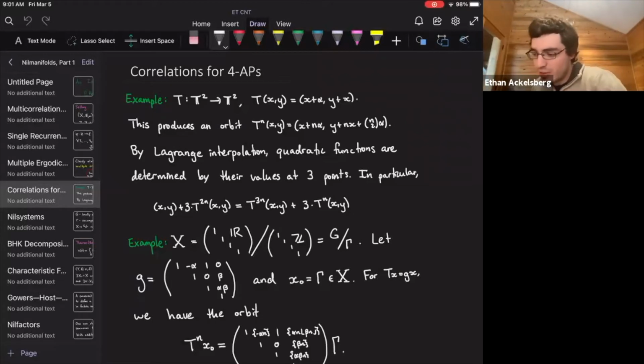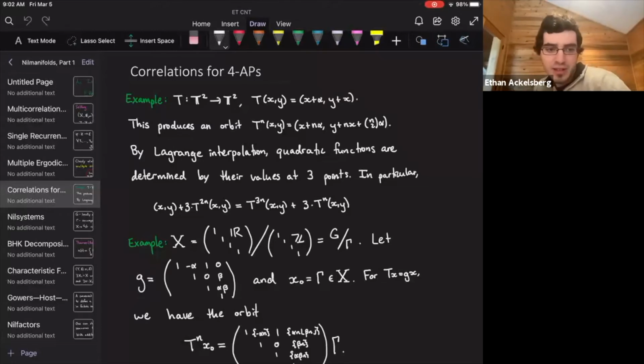Now, if we started to look for 4-term arithmetic progressions, this quadratic behavior is going to restrict how things behave, because anytime you have a quadratic function defined at 3 points, you've fully defined your quadratic function. So in particular, there's this relation, which I've hopefully written down correctly.